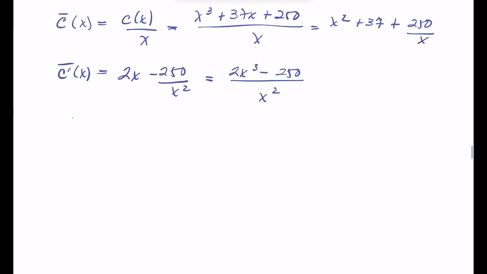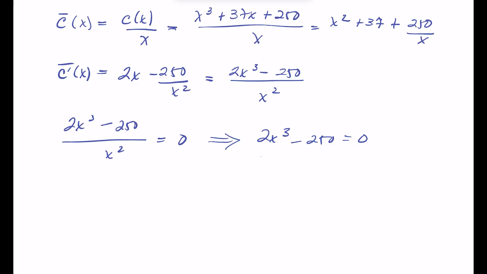Okay, I'm going to take that and set it equal to 0, which again, you have a fraction equal to 0, so that just means take the numerator and set it equal to 0. And I can factor a 2 out of there, and I would get x cubed minus 125. And then I would have x cubed minus 125 equals 0.